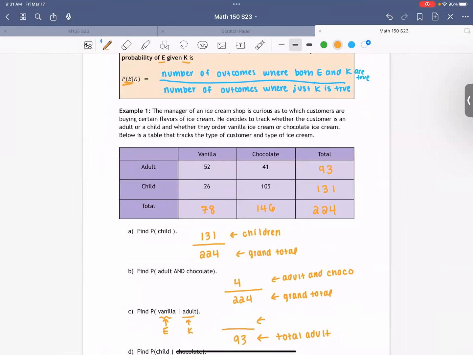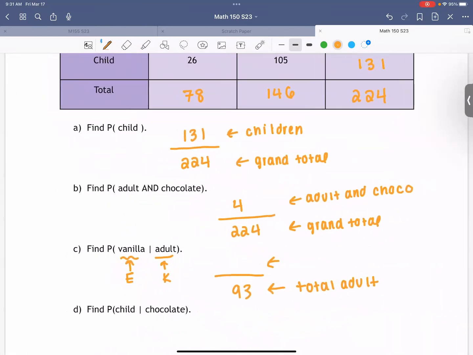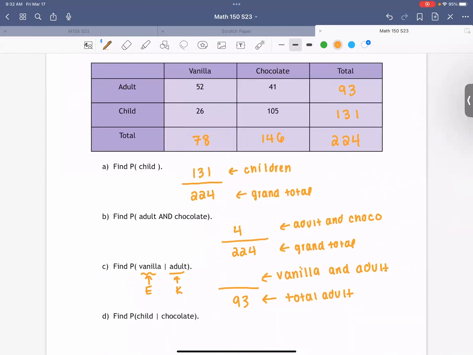Now, the number that goes on top, if we take a look at our formula, it says the number of outcomes where both E and K are true. So the number on top is just going to be vanilla and adult. And how many people are adults and like vanilla? 52. Perfect.